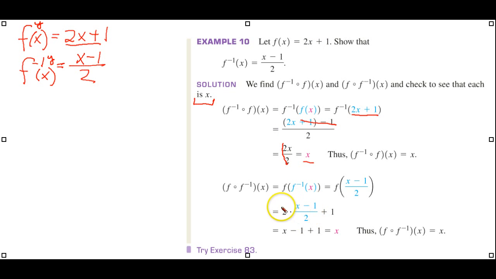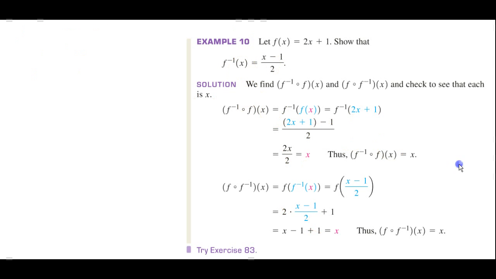So notice here, the 2's cancel out, and we get x minus 1 plus 1. This cancels out, and we're left with x. So it does prove it, that x is x for each of these functions. That is, we started with something, went around, and in its reverse and in its forward direction, so to speak, we get the same answer.